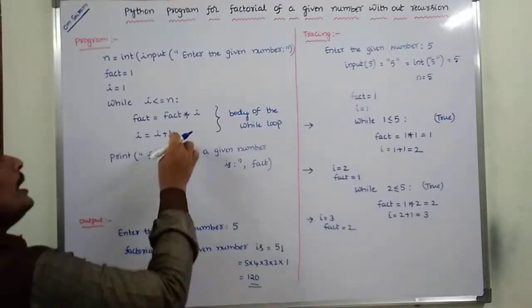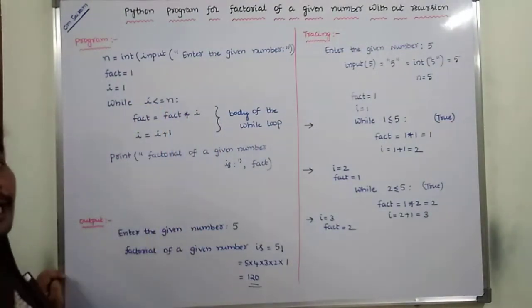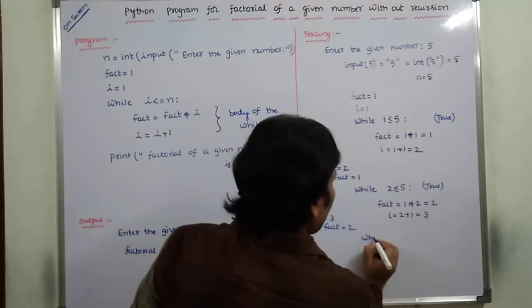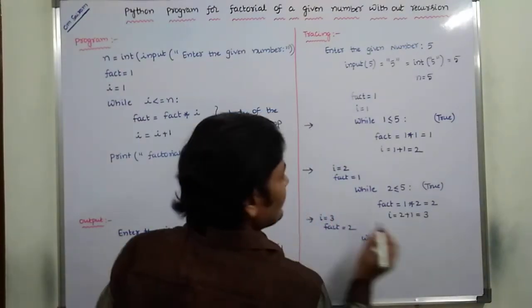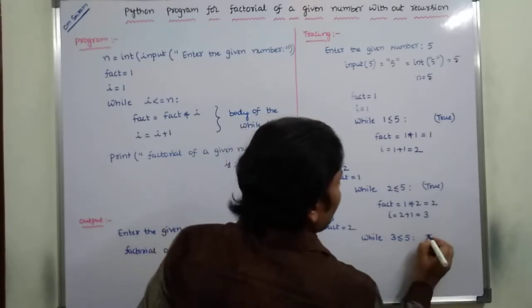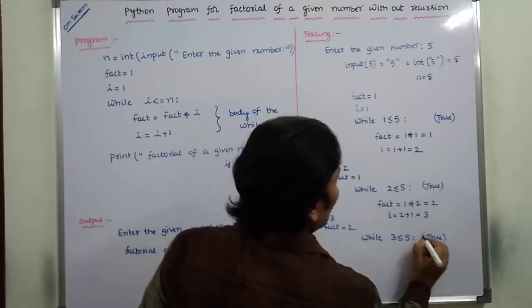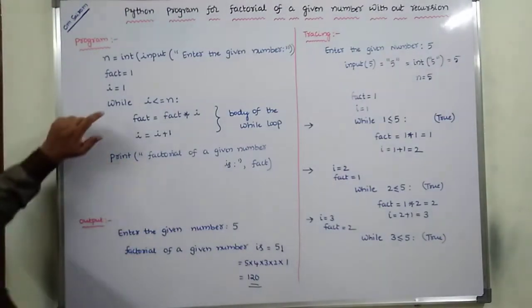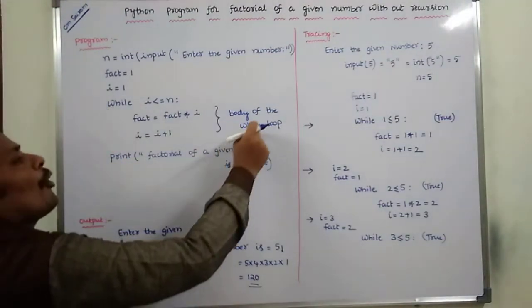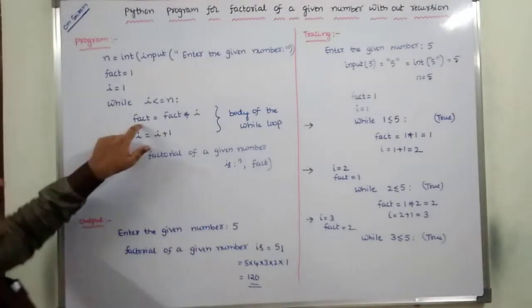Again the control goes to the while loop. While I value is 3, 3 less than or equal to 5, condition is true. If the condition is true, the statements within the body of the loop are executed.